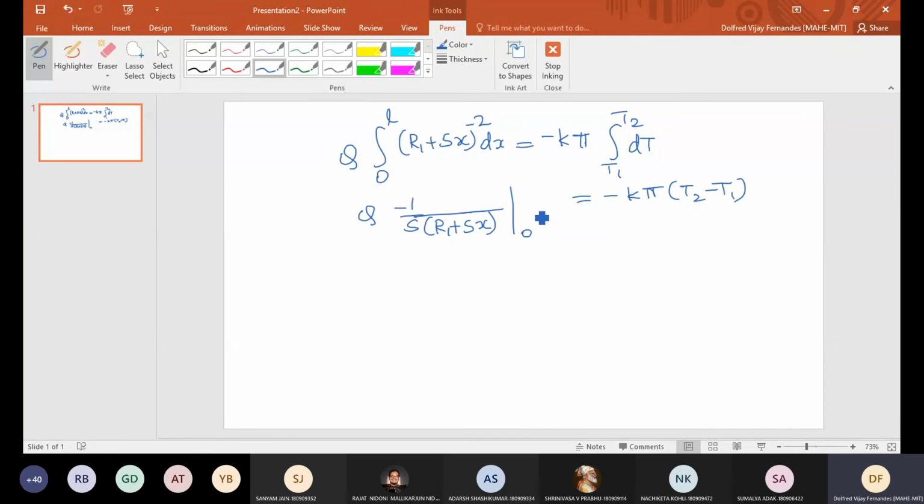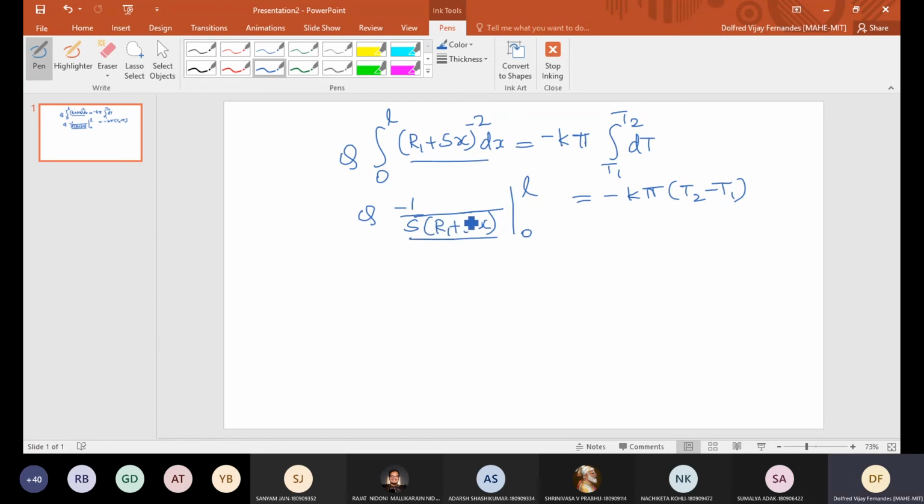Apply the limits 0 to L. So we have to divide by S, because when you differentiate, S will come, so that has to be cancelled. You can cross-check by finding the derivative of this one, and you should get exactly this.